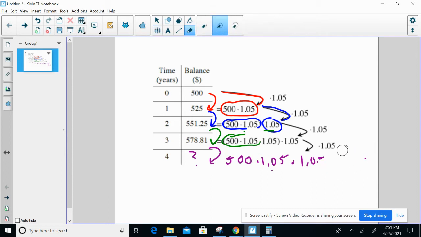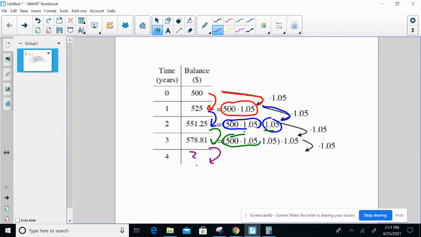So if we wanted to look at the interest 20 years down the line, let's say she just let this money go. You take 500 times 1.05 20 times. I'm not going to write that out, but you just keep taking it times 1.05 20 times.